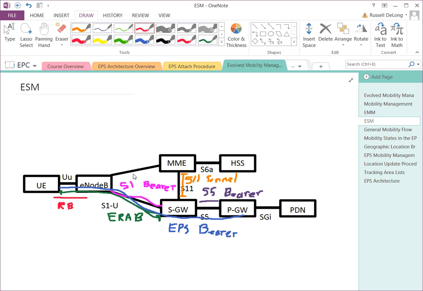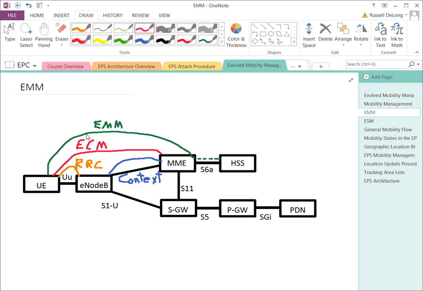And that these, in this slide, demonstrate ESM, or are created or torn down or maintained with ESM messaging between the user and the MME, whereas in contrast, EMM messages concern themselves with these stateful connections.